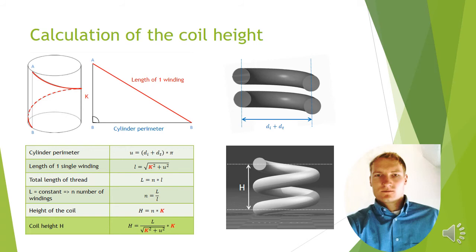So I changed the formula for n, which equals the total length of the thread L divided by the length of one single winding l. And now if we have the n, we can calculate the height of the coil, which equals n times k, which is the pitch. And now in the last formula of this slide, I have demonstrated the calculation of the height based on all the predefined parameters.